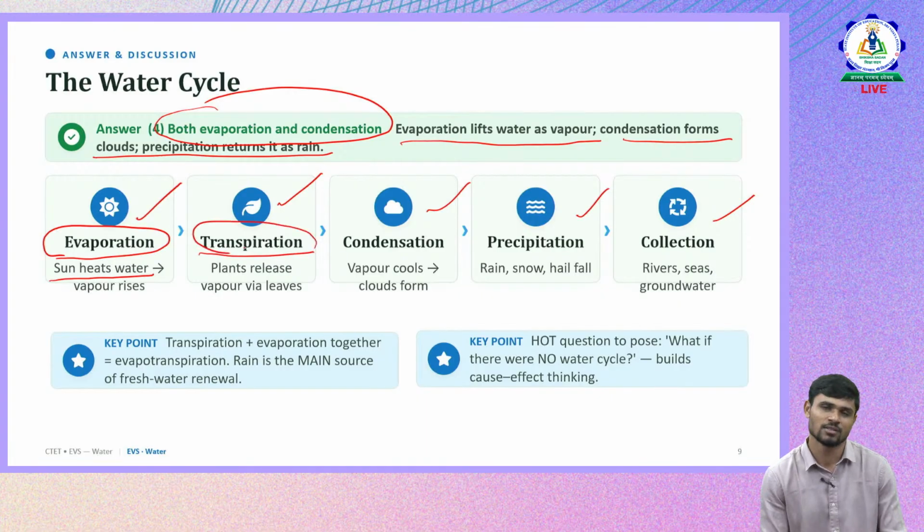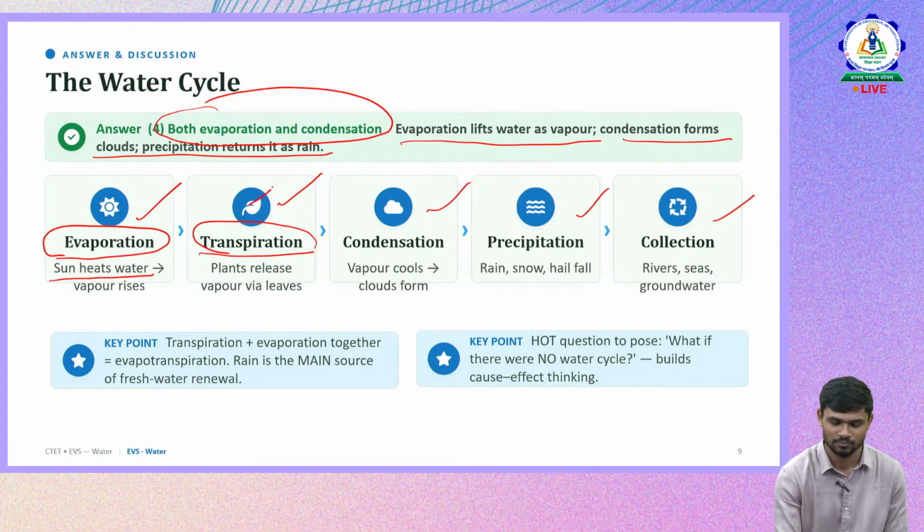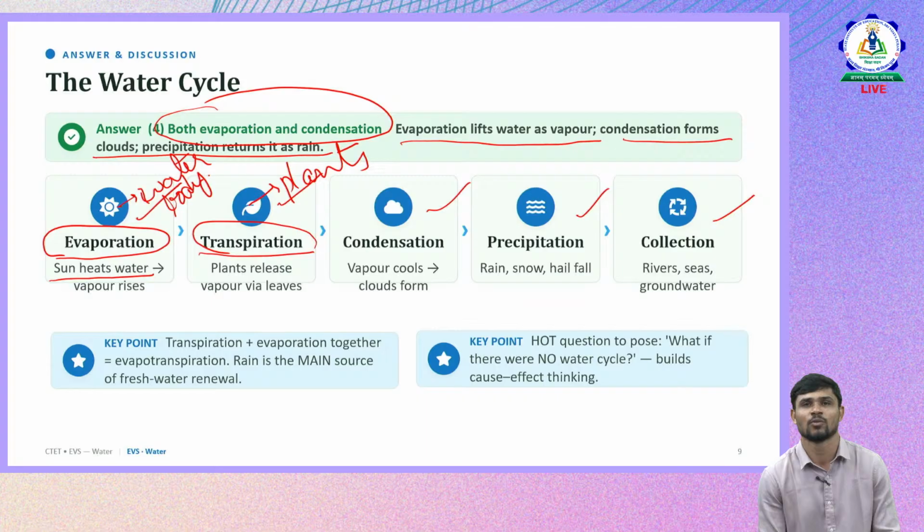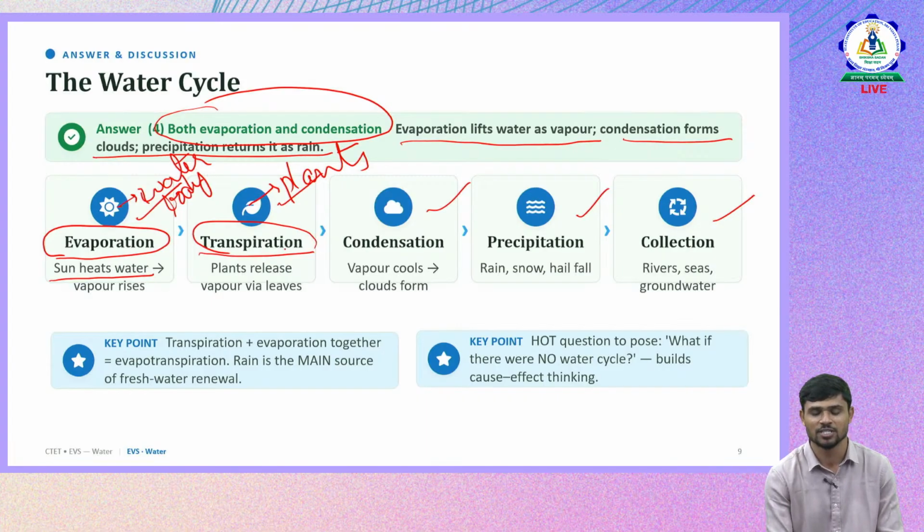Transpiration is also the same, from the surface it enters the atmosphere in a vapor form, but in evaporation, it is from the water bodies. In transpiration, it is from the plants. Remember this difference. Don't get confused. If it is evaporation, it is from the water bodies. If it is transpiration, it is from the plants.